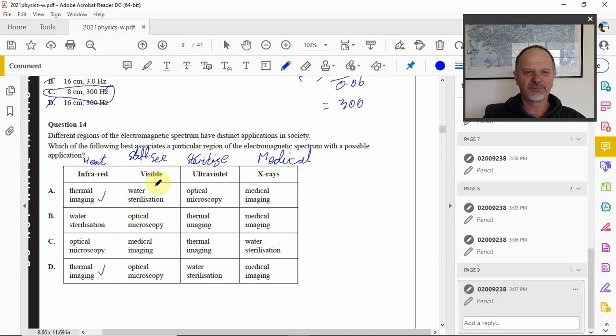Stuff we see, oh, not water sterilisation, optical microscopes. So there's there, sterilising, water sterilisation. There we go. So now, so far, we've got down to only one of them with 3 ticks, and then the medical imaging one. So D has 4 ticks.